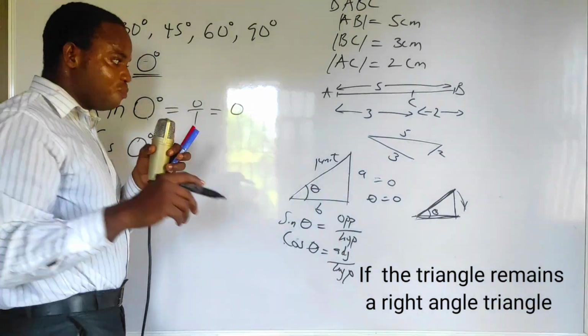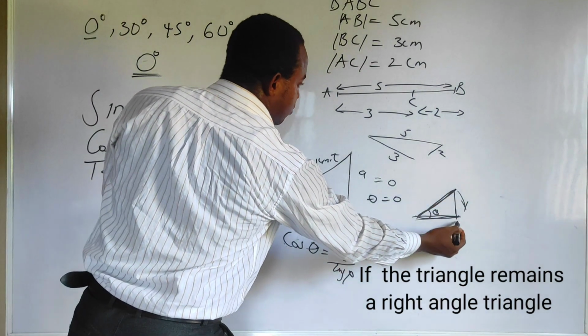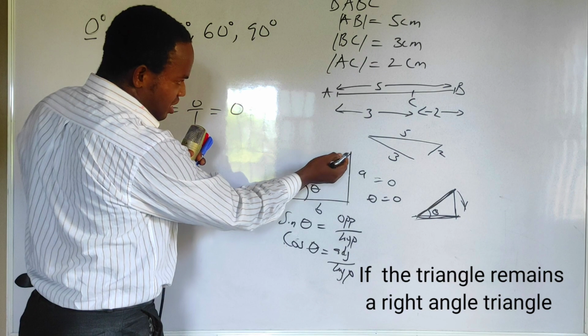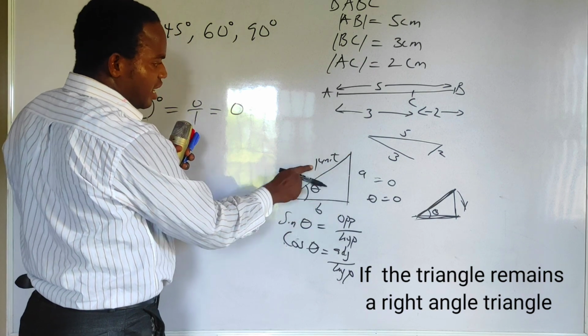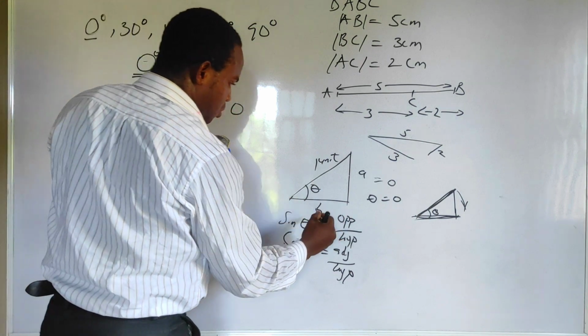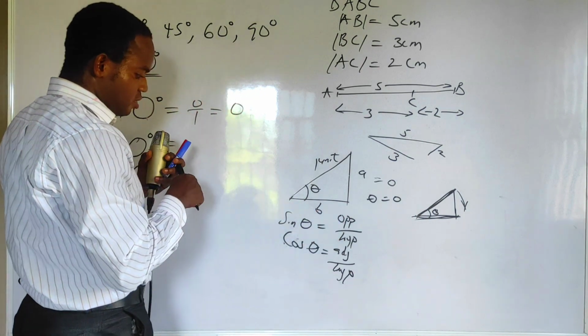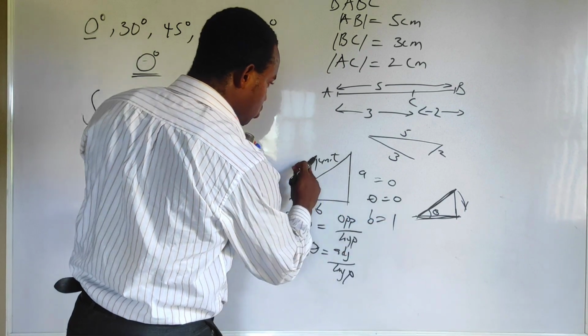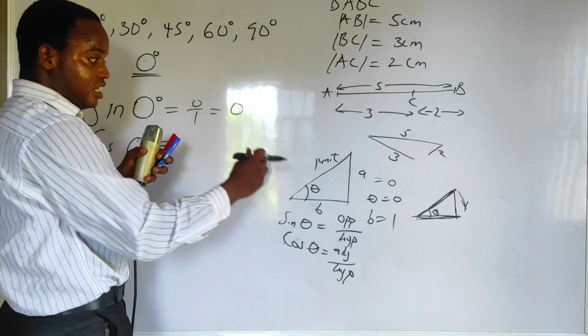So as this line comes down to make this a degenerate triangle without changing the hypotenuse of 1 unit, the adjacent side B becomes the same length as the hypotenuse, so B is also equal to 1 unit.